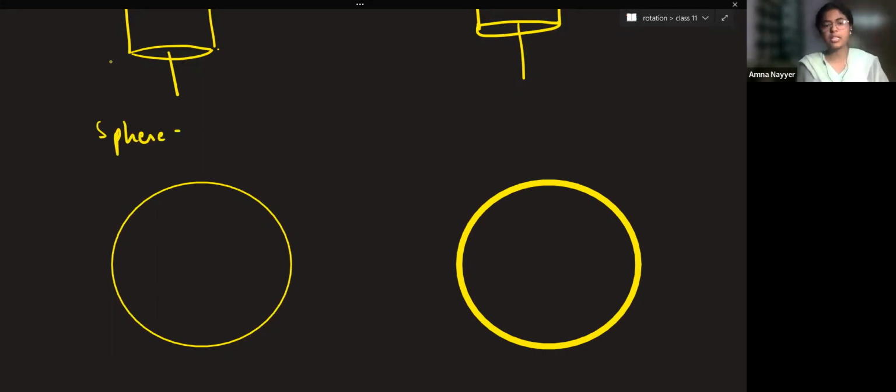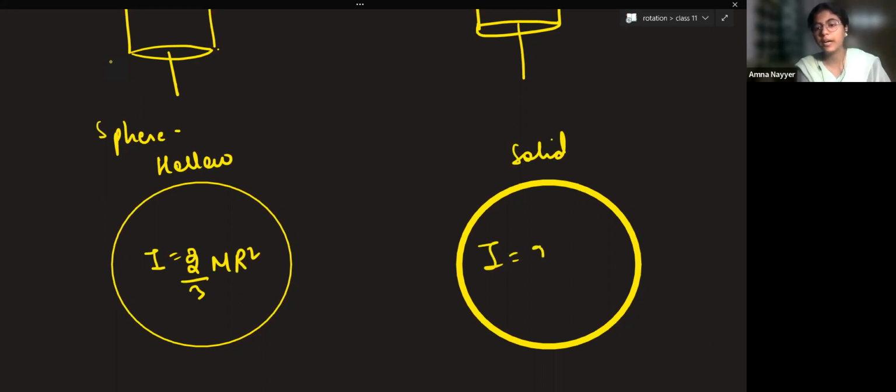This one is a hollow sphere. So for a hollow sphere, moment of inertia is 2 by 3 MR square. Let's say this is a solid sphere. So for a solid sphere, it is 2 by 5 MR square. So these are certain values which you have to remember along with that rod question.